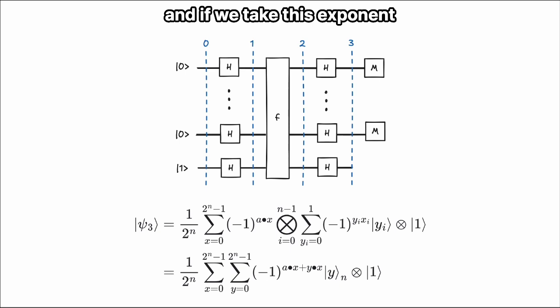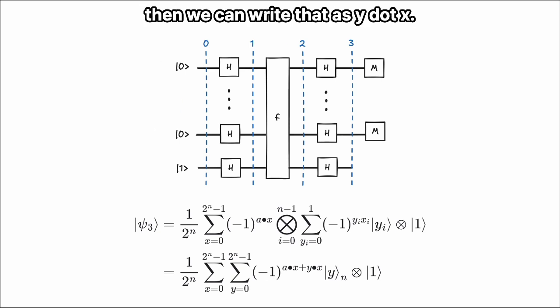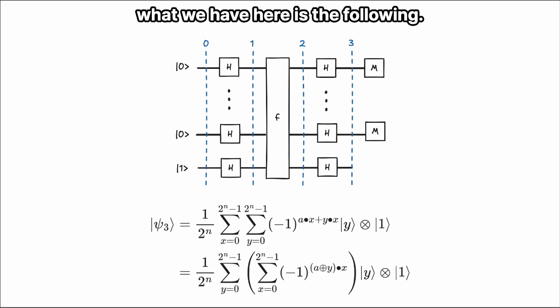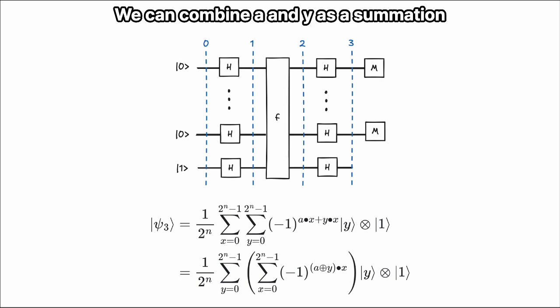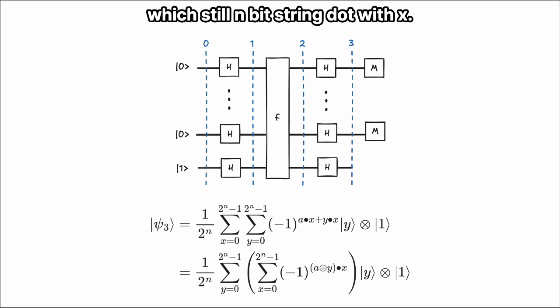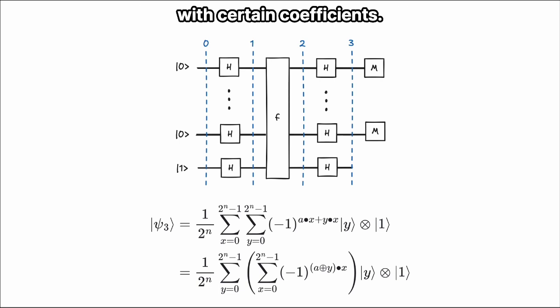If we take this exponent all in the summation, we can write that as y dot x. So combined with a dot x originally there, what we have here is the following. We can combine a and y as a summation, so it's a coordinate y summation, so it's still an n-bit string dot with x. So it's just a linear combination of all ket y states with certain coefficients.